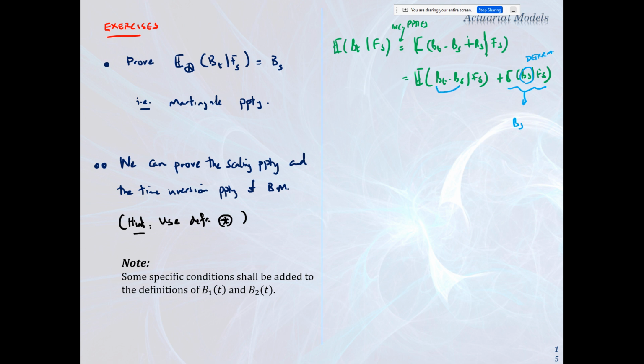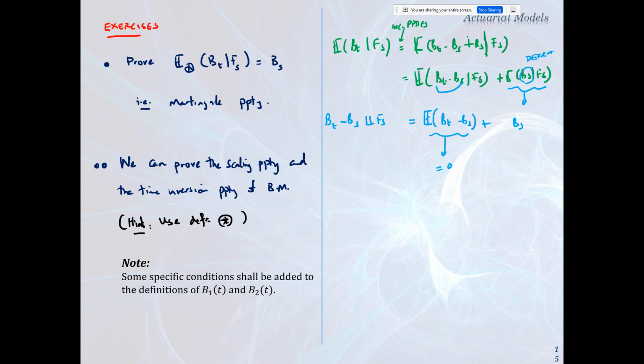And this part, B_t minus B_s given F_s. We know that by the independent increment property, B_t minus B_s is independent of F_s. So I can remove the conditioning here. And what is the expectation of this?